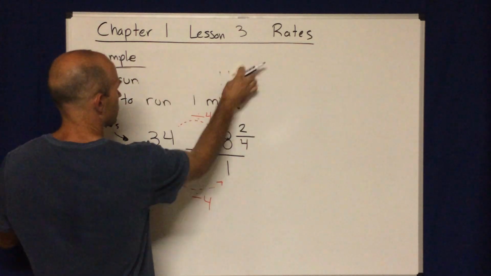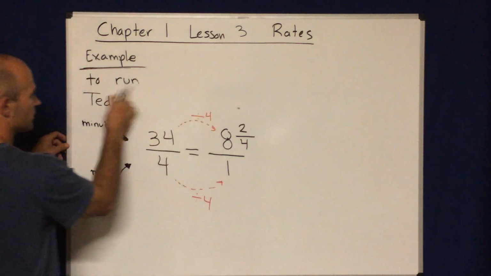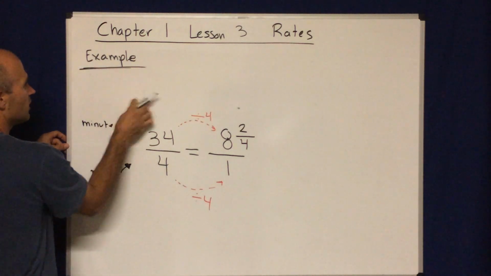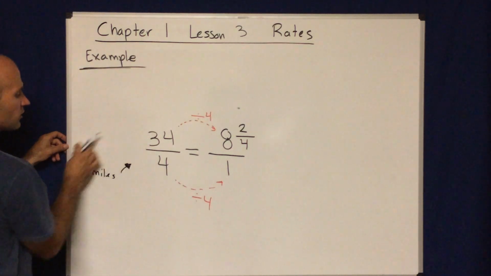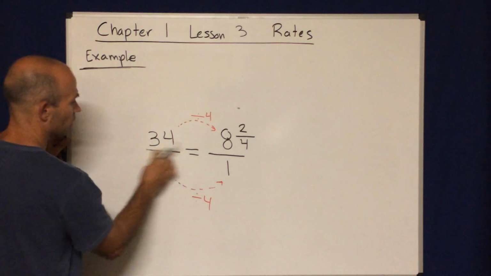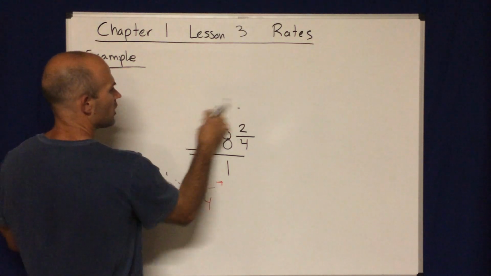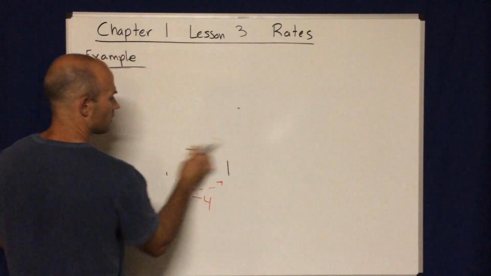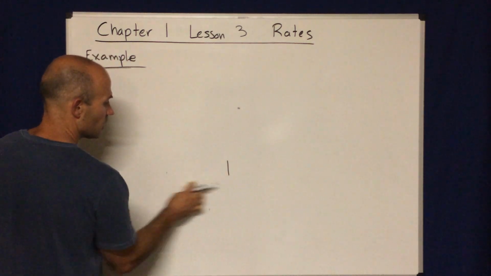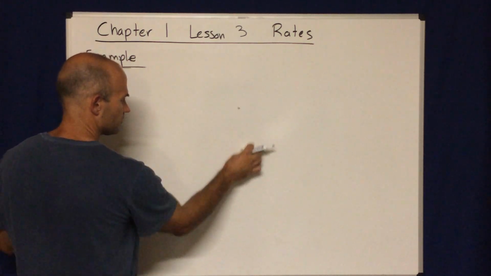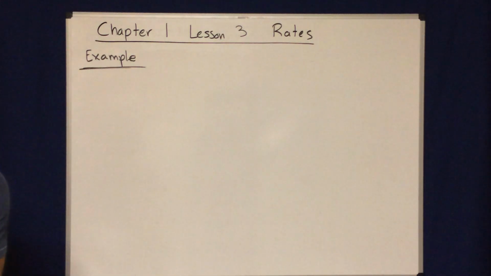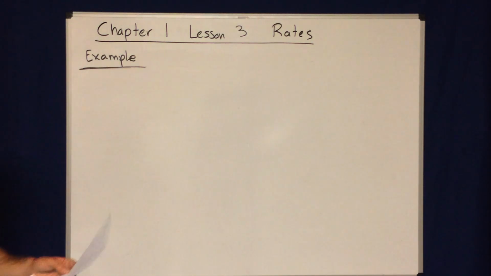And in some grocery stores, you'll see this on the tag that shows the price of the item. You might see something called unit cost, or perhaps in a grocery store they might also call it unit price. I believe the book that we're working out of calls it unit cost. Nope, they call it unit price.